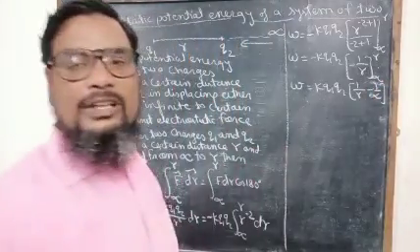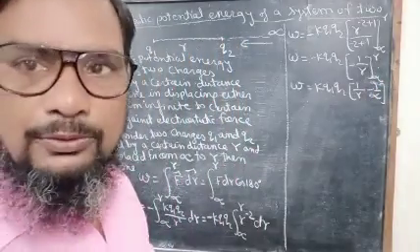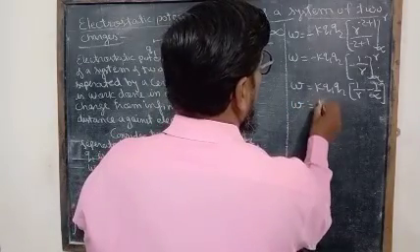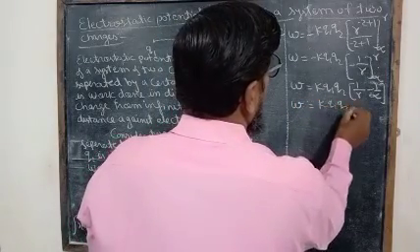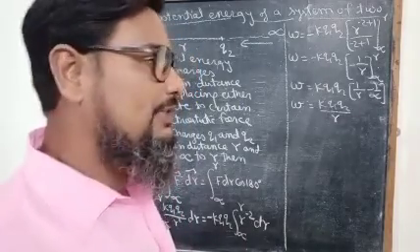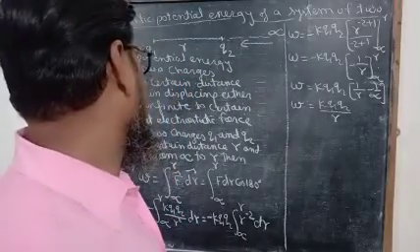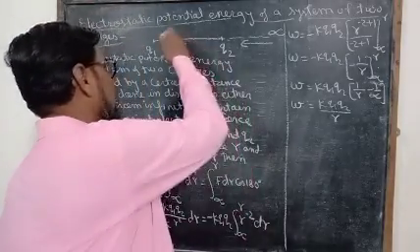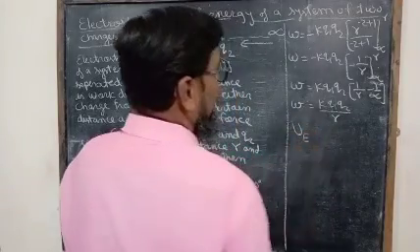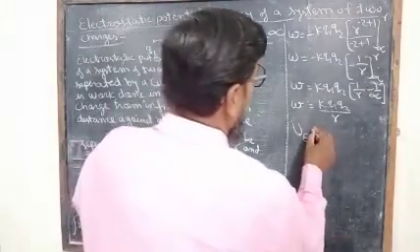The value of 1 upon infinity is 0, so the work done in displacing the charged particle will be K Q1 Q2 upon r against the force, and this work done will be stored in the system of charged particles in the form of potential energy called electrostatic potential energy.